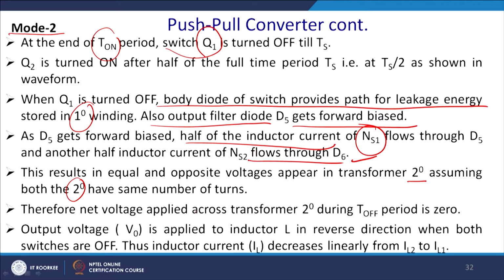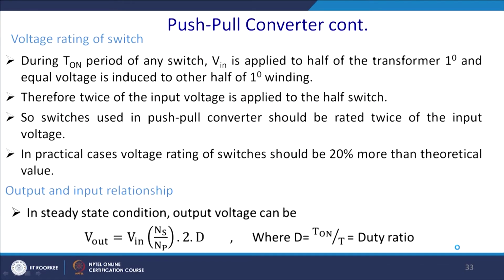Therefore, the net voltage applied across the transformer secondary during the T off period is 0. The output voltage V0 applied to the inductor L reverses direction when both switches are off. Thus, inductor current IL decreases linearly from IL max to IL min. So, it will come back to this.